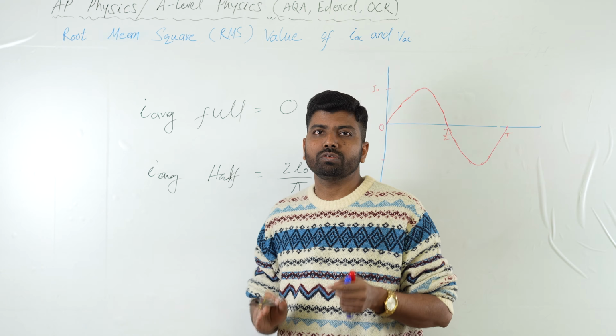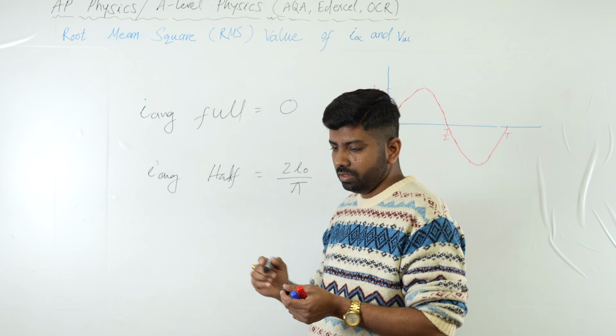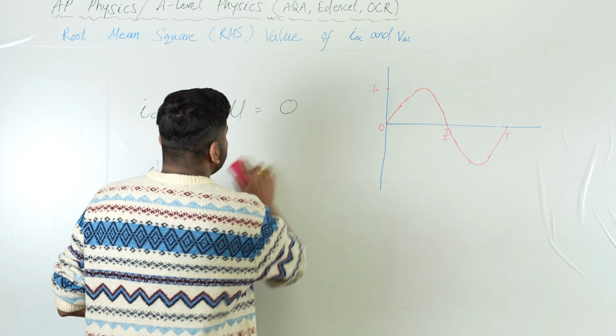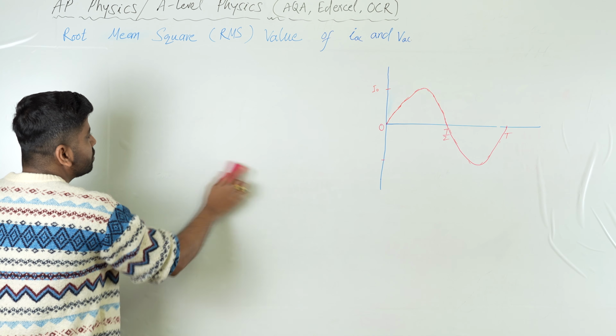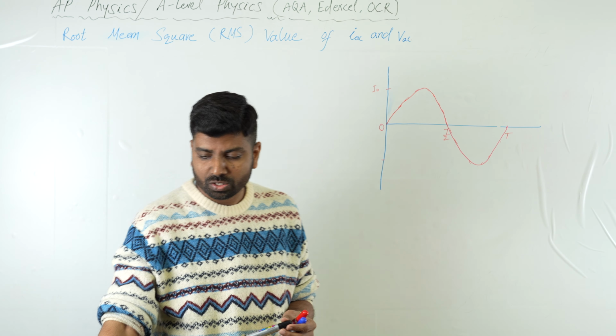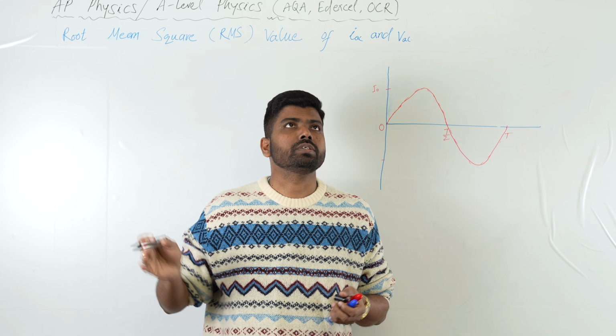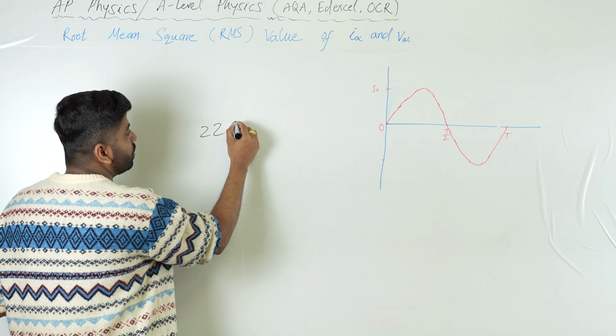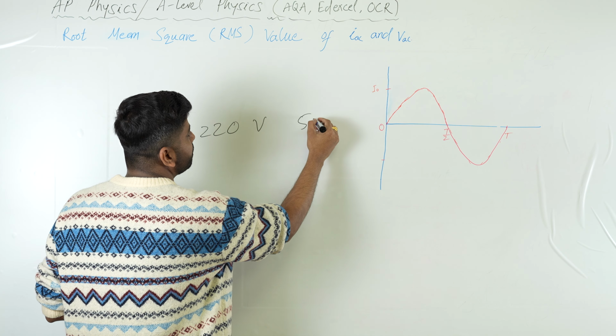Today we are going to focus on how to calculate the root mean square, which is very important, and I am going to tell you its significance. For example, in our household circuit, the current is, suppose, 220 volt, 50 hertz.